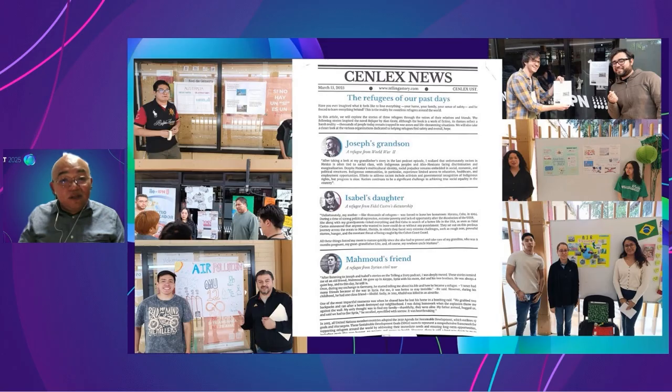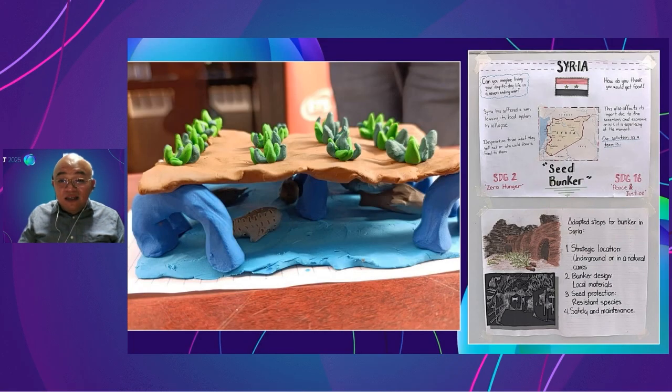As part of the UDL, that is Universal Design for Learning, they are also entitled to create any kind of materials, from having some kind of models, as you can see in the picture, in which they were proposing to have some kind of set.